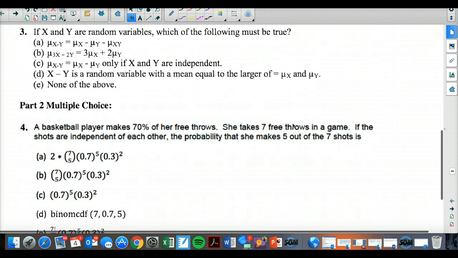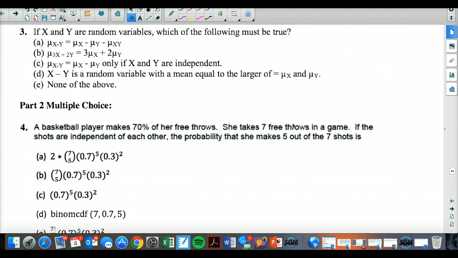All right, so which of the following must be true? Go. You're on number 3. Okay, so do you pick one of these that you liked?